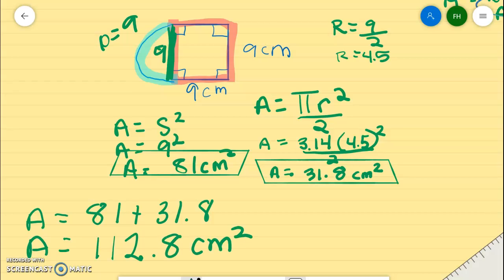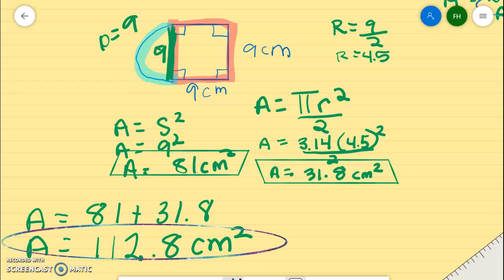Now let's review what we just did here. First, figure out what your shapes are. You have a square and you have half of a circle. Remember, your formula for a square is side times side, so we did 9 times 9 and got 81. Then we had to find the area of a circle.